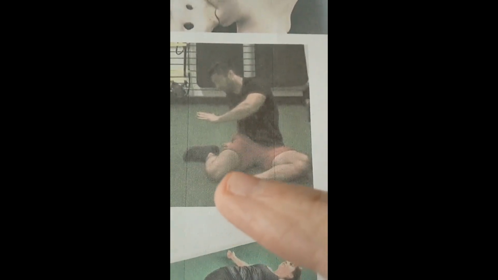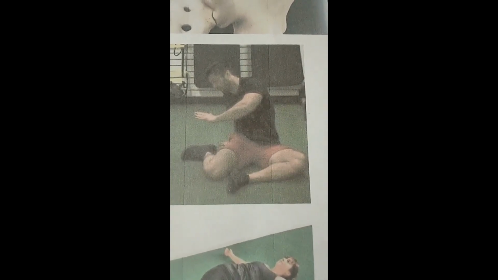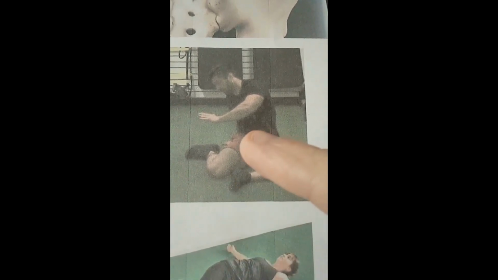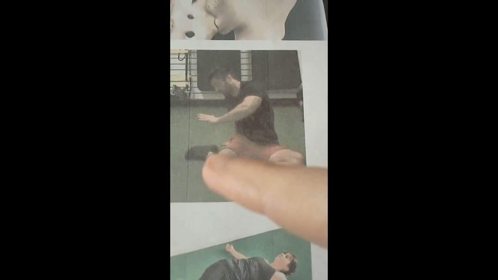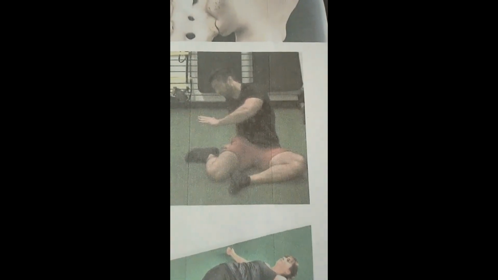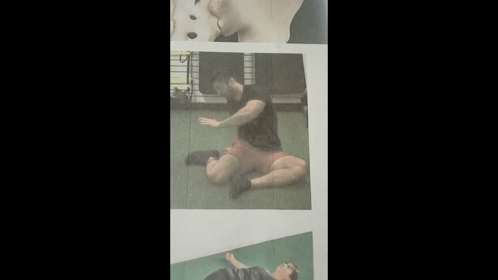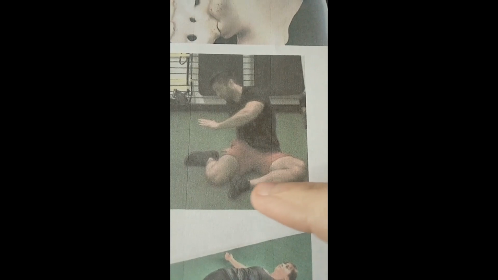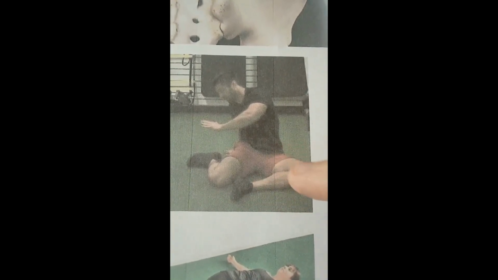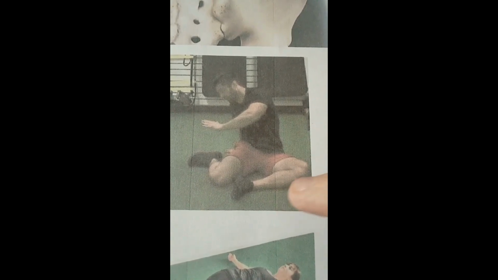So you're going to put the right hip almost behind you, so that right leg is behind you at a 90-degree angle. And then the foot on the left, you're going to bend that leg in front, also at a 90-degree angle.